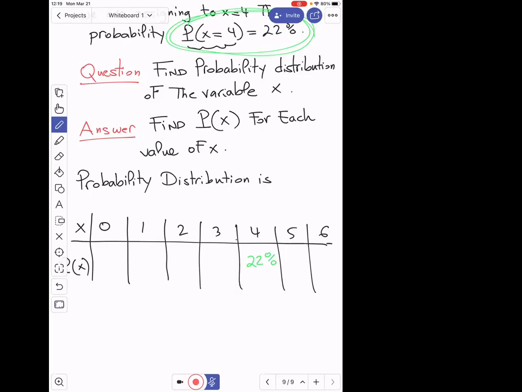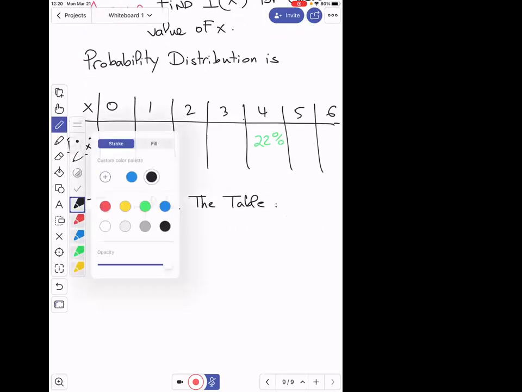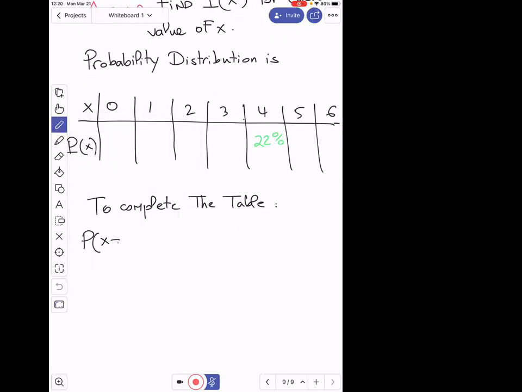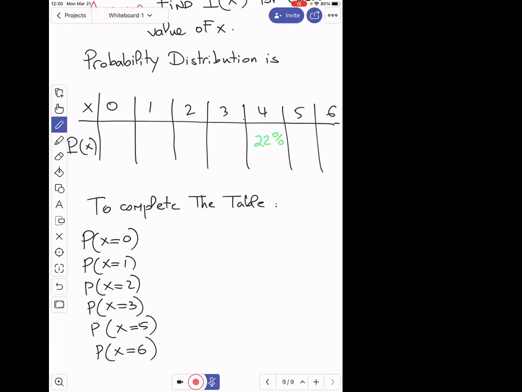To complete the table, of course, we need to find the probability that the boredom level x is 0, the probability that x is 1, the probability that x is 2, 3. We did 4, so we can move to 5 and then 6. So we need to find the probability for each value of x, right?